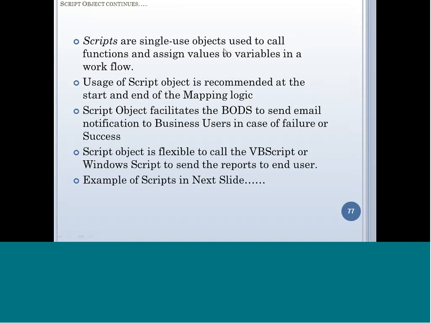If you remember, whenever we have used one data flow in 2-3 jobs, and once the data flow got changed in one job, automatically the same data flow will be changed in the other job. That is what actually happens from the data flow standpoint. But in the script, if you have copied the script object into a different job, even if I change any of the content of the script, it won't affect the other script that you copied earlier in the different job. So that is what single use means.